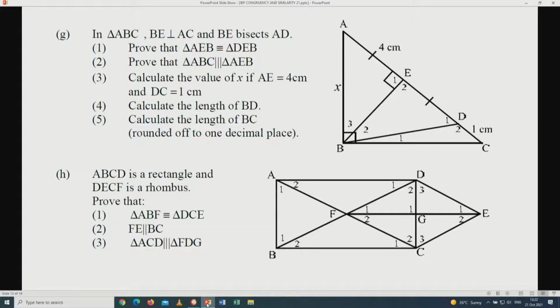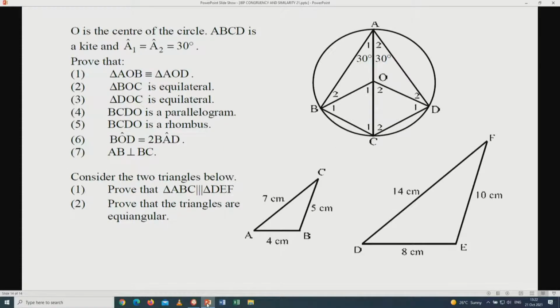Let's look at the second question, and we'll come back to similarity next time.